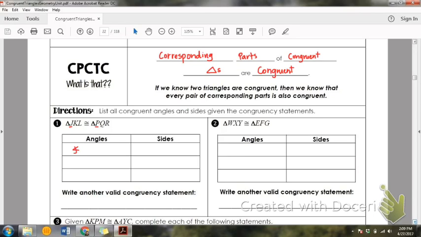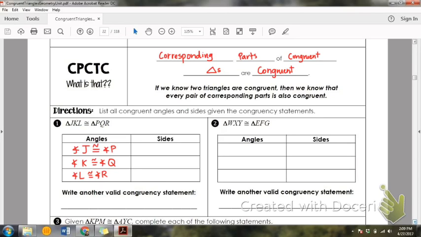So that means angle J is congruent to angle P. Then if I look at the next letter, that's K, matches up with Q. So angle K is congruent to angle Q. Then we have angle L, matches up with angle R. And again, that should always be the case, that whatever's first goes with first, second one goes with the second one, and the last one goes with the last one.